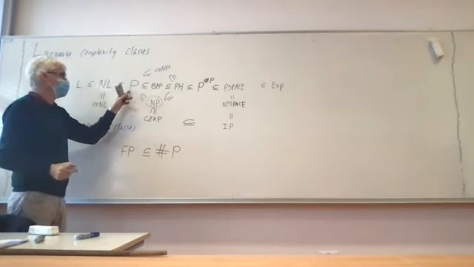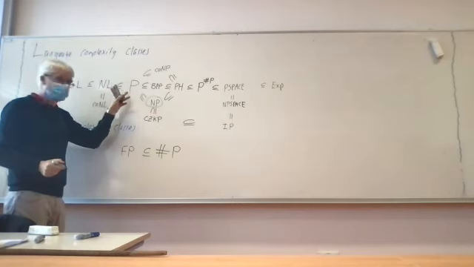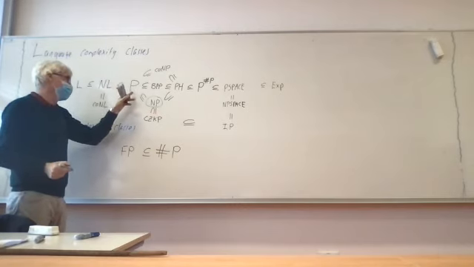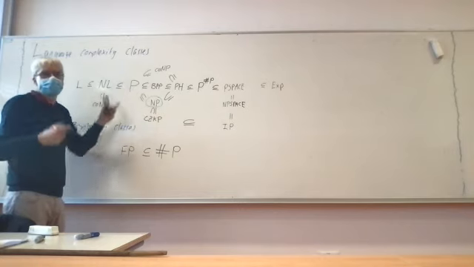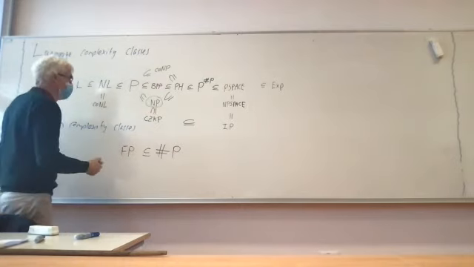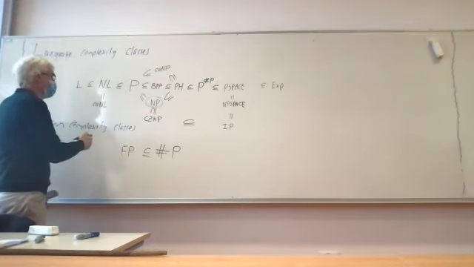It didn't make sense to look at complete problems in polynomial time itself, because every problem in polynomial time is automatically complete. It's not an interesting notion if one considers polynomial time reduction.